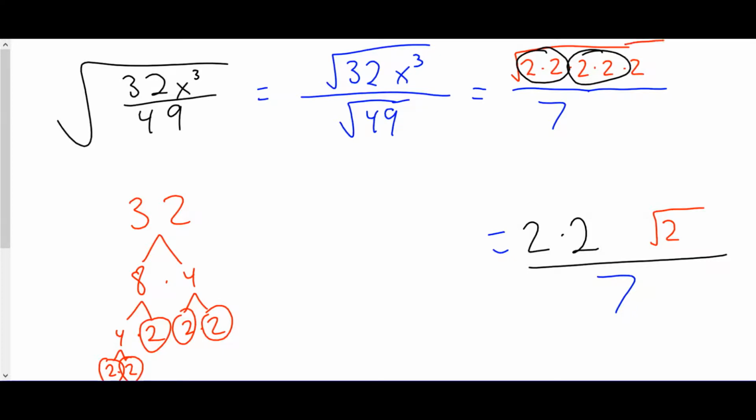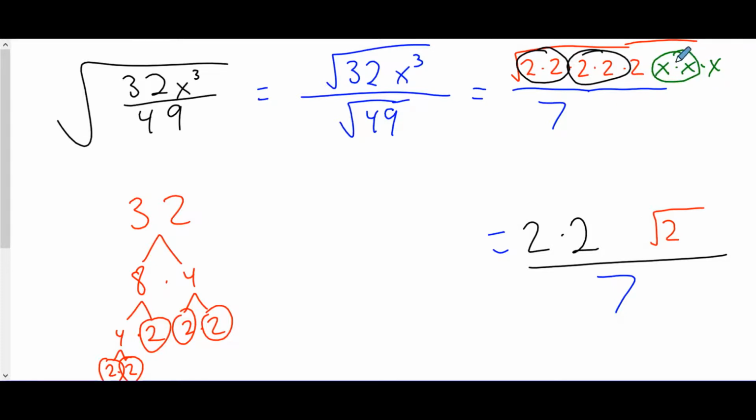So what do I do with these variables? Well, pretty much the same thing I do with the numbers. With that 32, I broke it down into its primes. With my x's, I can break it down into individual x's. So I know x cubed is the same as x times x times x. And to get out of the square root, I need a group of 2. I need something times itself.